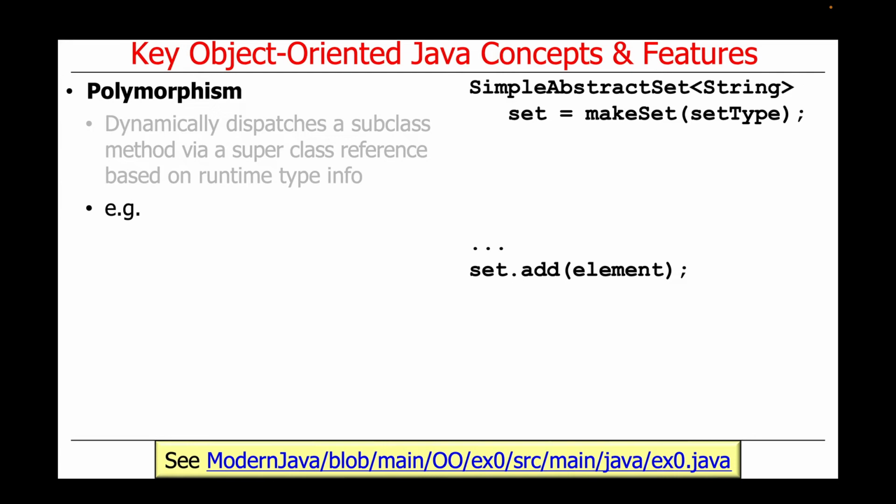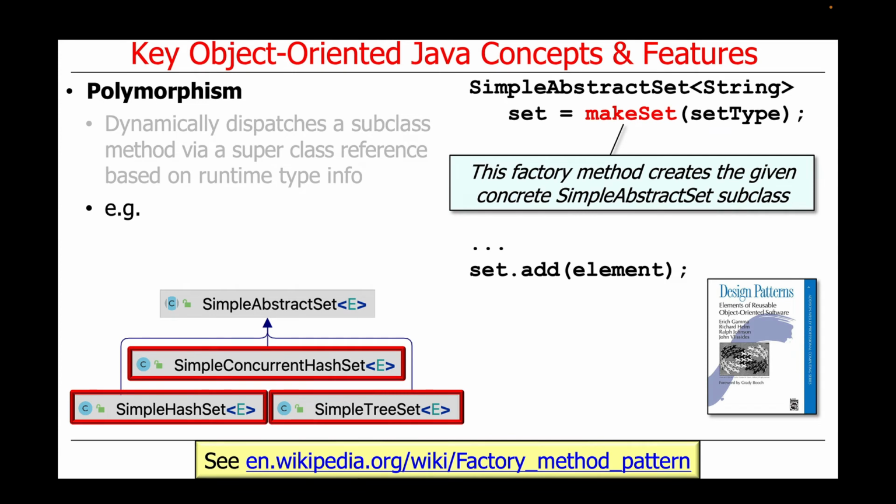In this particular example, there's a makeSet factory method, which implements the factory method pattern from the design patterns book, Elements of Reusable Object-Oriented Software. And this factory method creates the given or designated concrete simple abstract set subclass. As you can see in the diagram at the left-hand part of the bottom screen, there's different subclasses of simple abstract set, simple hash set, simple tree set, and so on.